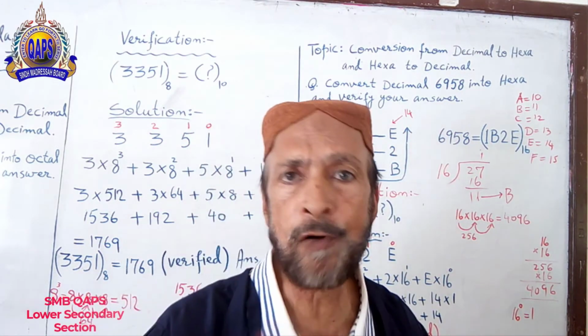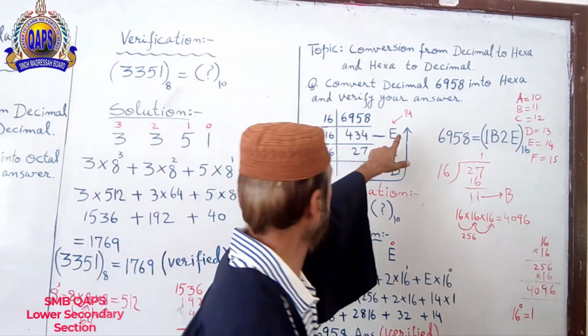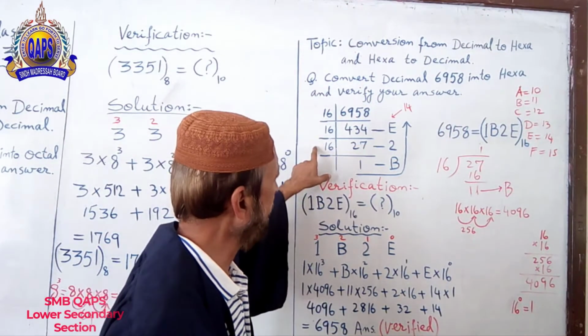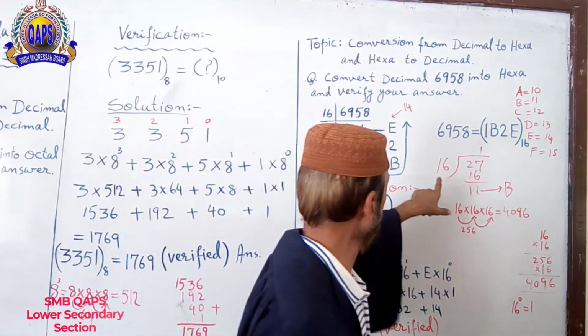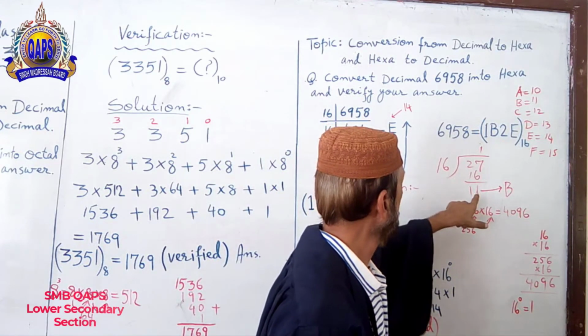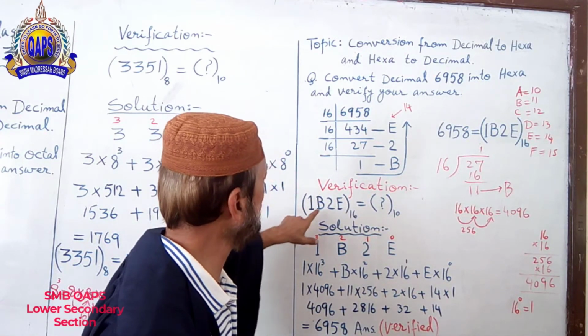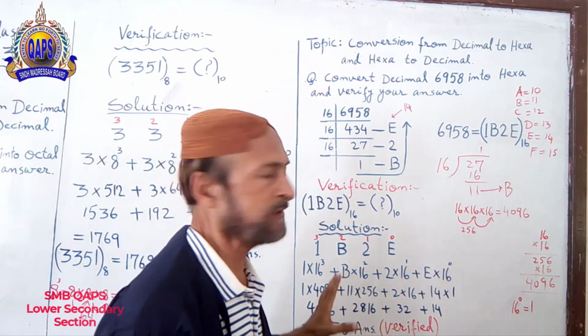But we will not write 14. Why? 14 equals to E. So we will write E. Now, in the same way, over here, divide 27 by 16. 1 left 11. So B. So answer will be 1B2E. I hope you understand that.